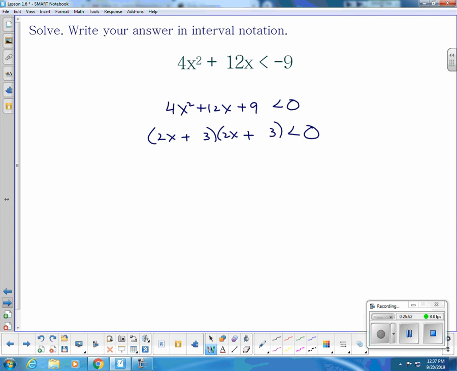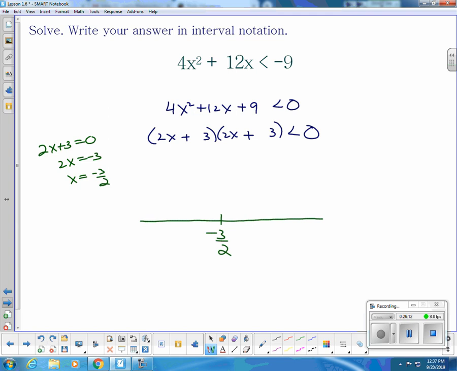I only have one x-intercept. And it is what? Negative 3/2. You're just setting this equal to 0 and solving it.